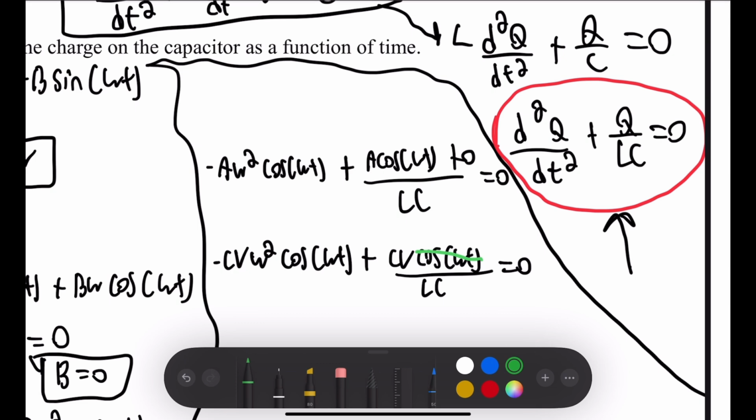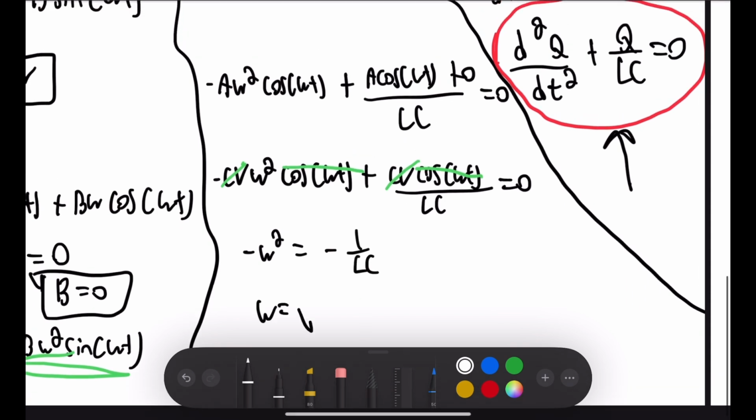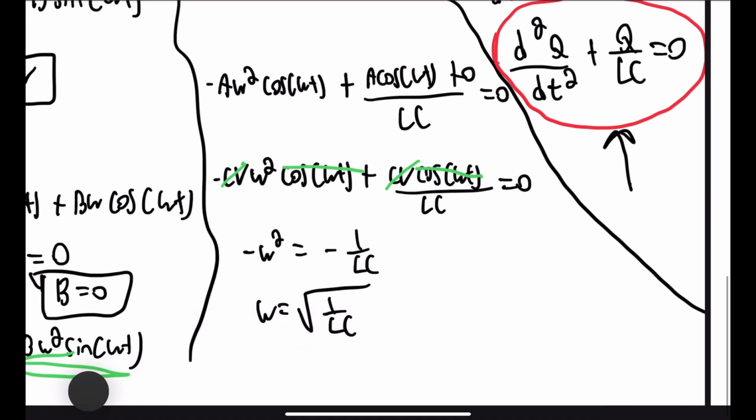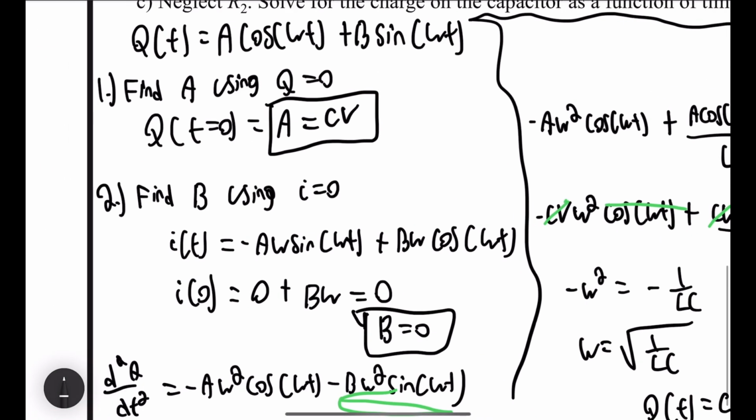cosine omega t over LC is equal to 0. I can divide by cosine, I can divide by CV, so I get negative omega squared is equal to negative 1 over LC, or that omega is equal to square root 1 over LC. Then I can finally write the final equation. So Q(t) is A, which was CV, right?